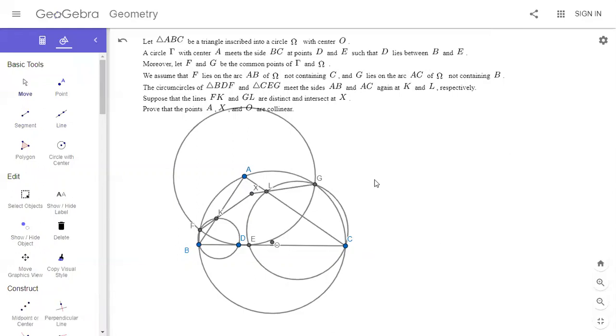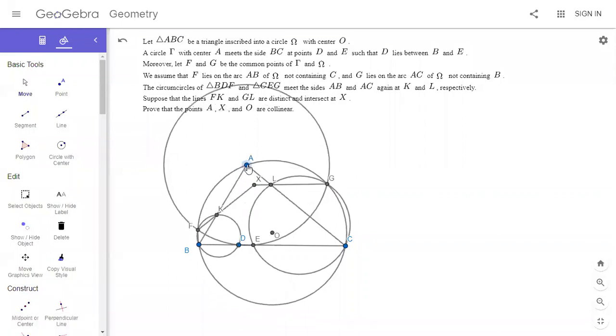Can we use Ceva? I wonder if we could use Desargues' theorem in a way. So how would we use Desargues'? Basically, let's try Desargues' theorem. So we want to show that FGO is perspective with AKL.